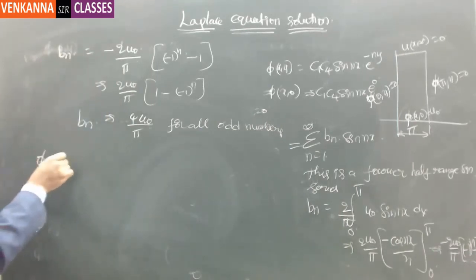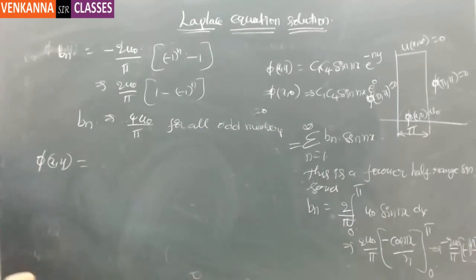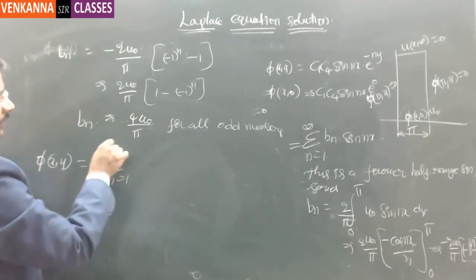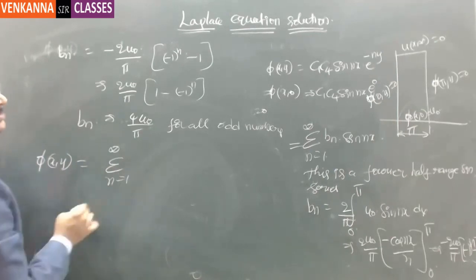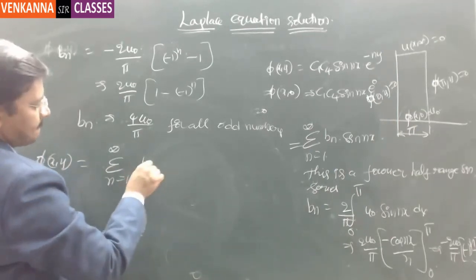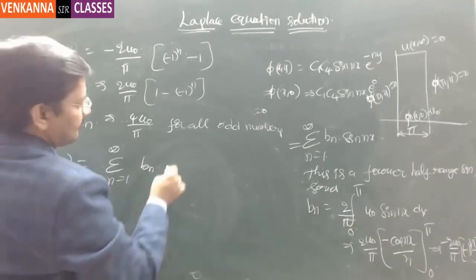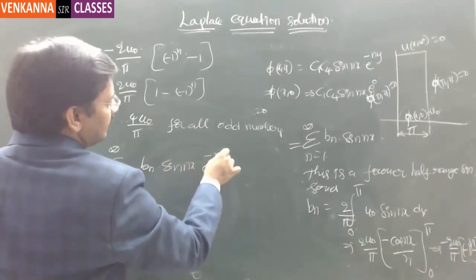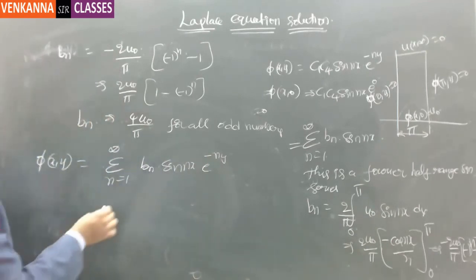So phi of x comma y is equal to sigma n is equal to 1 to infinite Bn sin nx into e power minus ny, where n is an odd number.